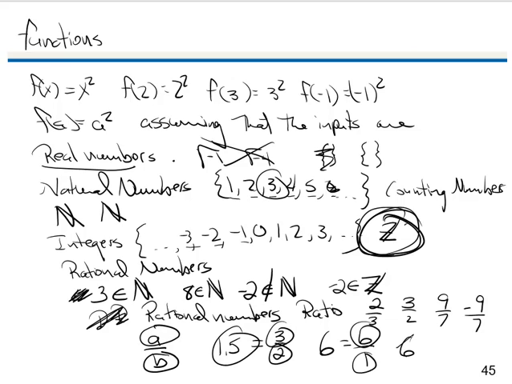The symbol for rational numbers is Q. That comes from the word quotient. Quotient is another word for ratio; ratio and quotient mean the same thing. So anyway, we use this for the rational numbers.